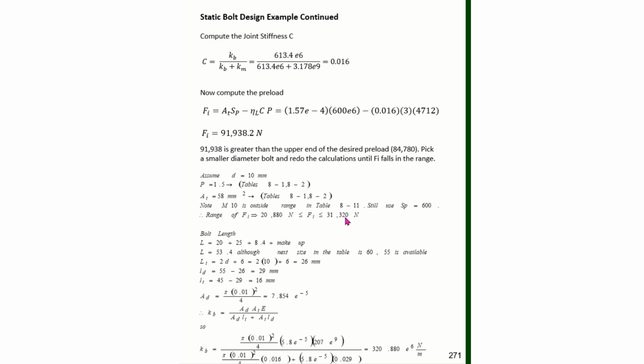It is a stronger bolt than may be needed, but it is close enough to the range that I would use that. If I wanted to be very careful and do a careful design, minimizing the bolt diameter, I would probably come back now and pick D as an 8 millimeter diameter bolt, redo all the analysis, and we would find that we fall in the range a little better.